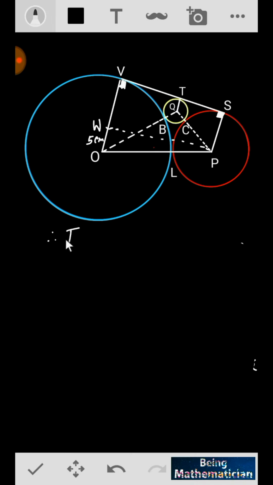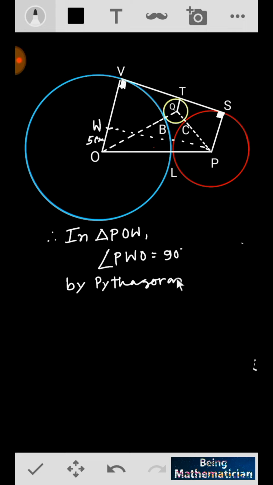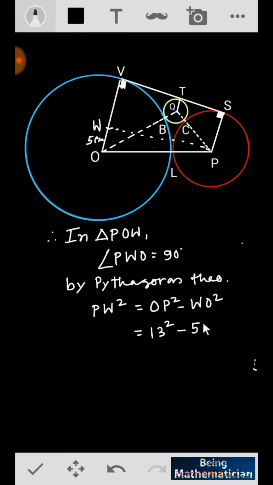Therefore, in triangle POW, angle PWO is 90 degree. Therefore, by Pythagoras theorem, PW square equals PO square minus WO square. So PO is 13 centimeter and WO is 5 centimeter.